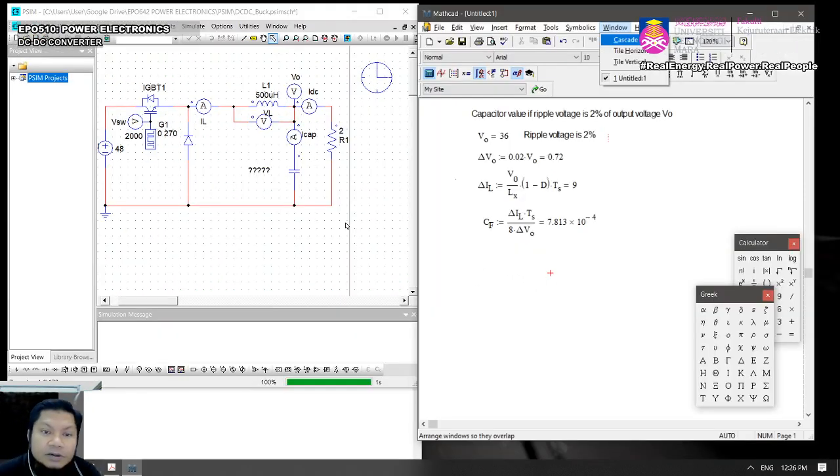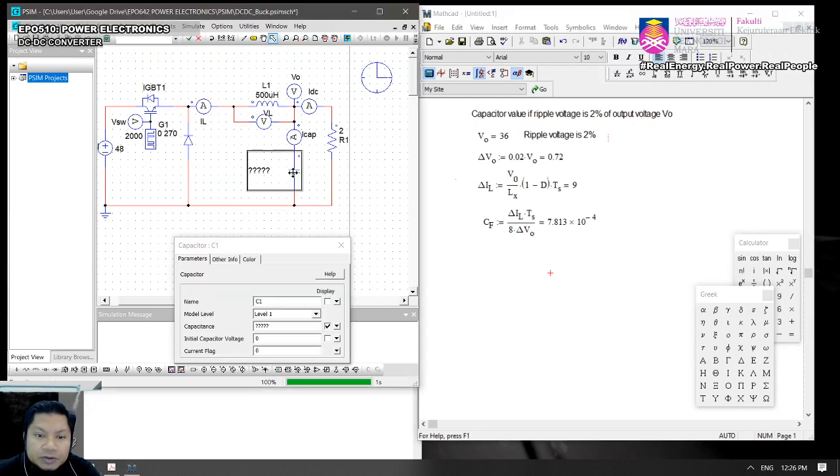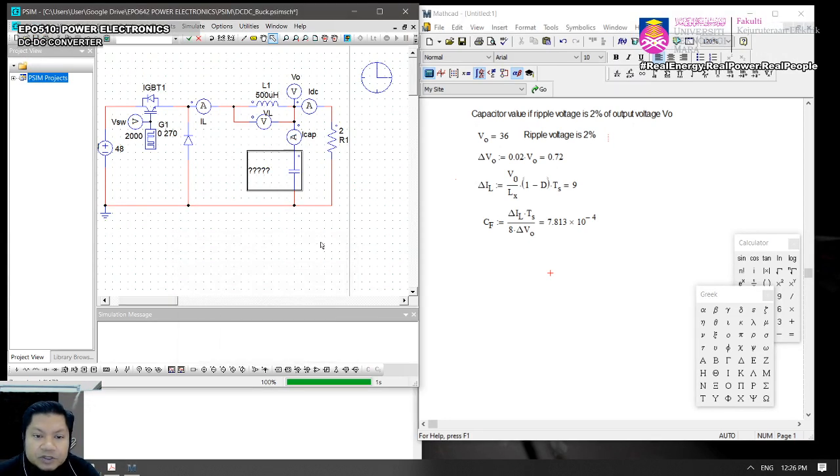Okay, so let's look back on the PCM simulation just now. Now I'm going to remove the value of capacitor. So we're going to find what is the size of capacitor, so that, look at this example, the ripple is 2% of the output voltage. So the design says that you must have the ripple which is only 2% of the average output voltage.